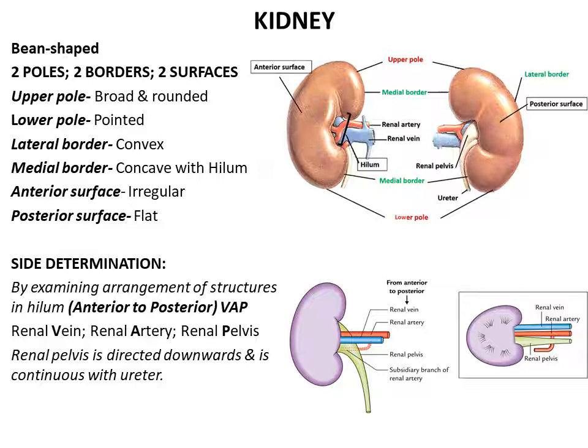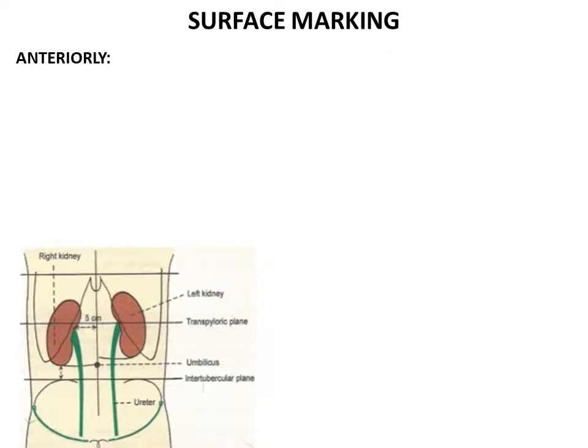And finally, the direction of the renal pelvis identifies the superior and inferior pole of the kidney. Other structures present at the hilum may include the lymphatics, nerves, and the perinephric fat.